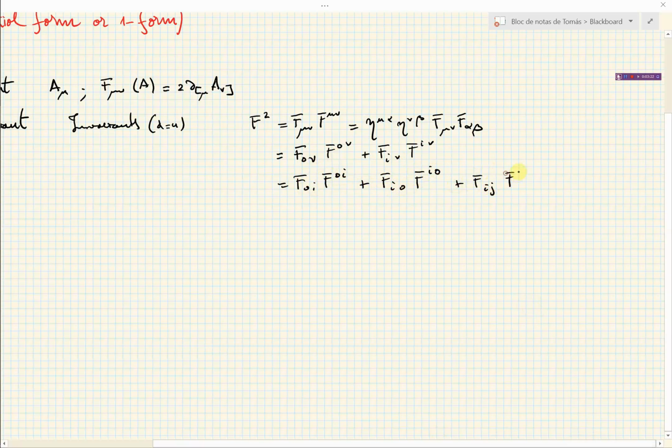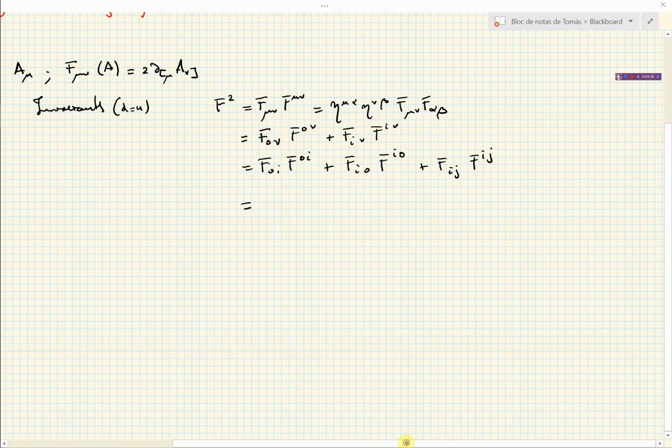Ij, Fij. Now F0i, if I interchange these two indices, I know that this is minus Ei, this is Ei, so this is minus Ei, Ei.